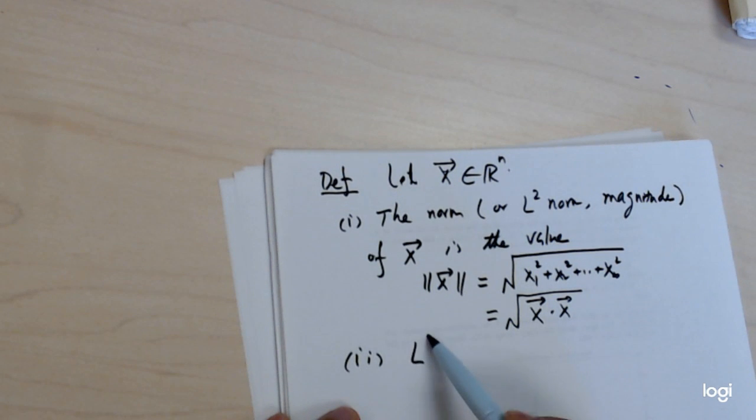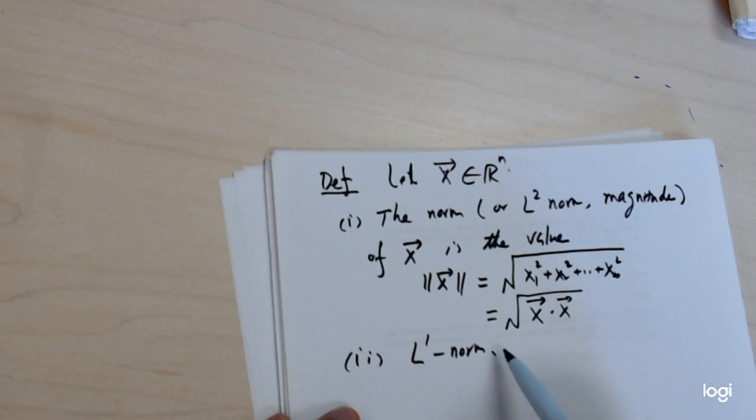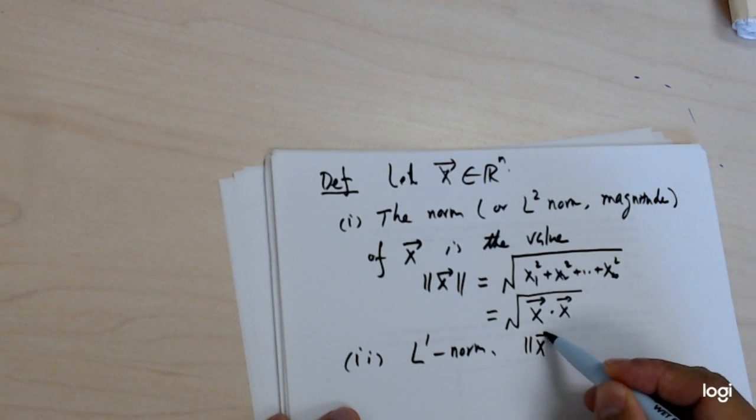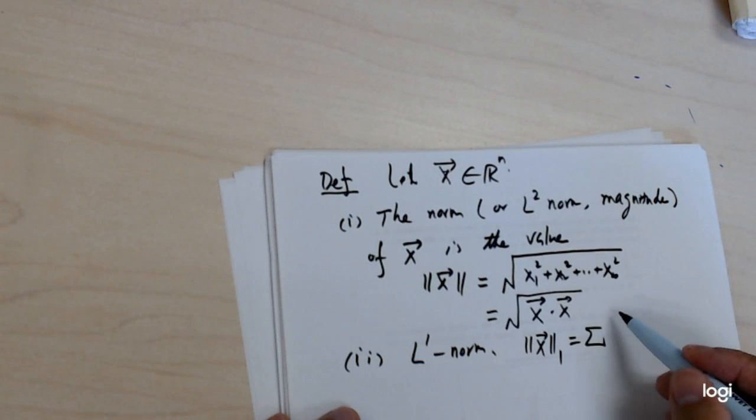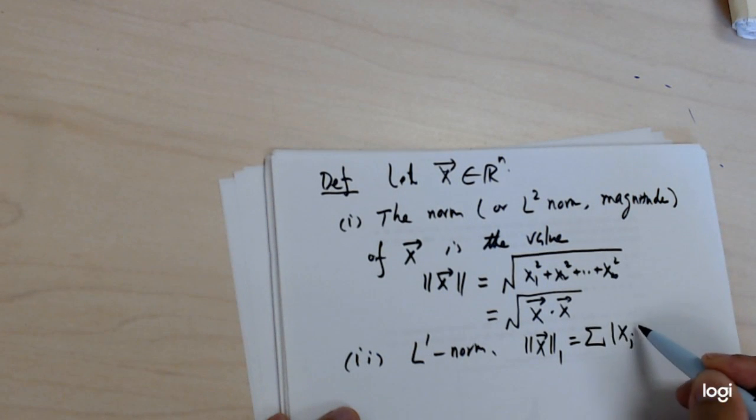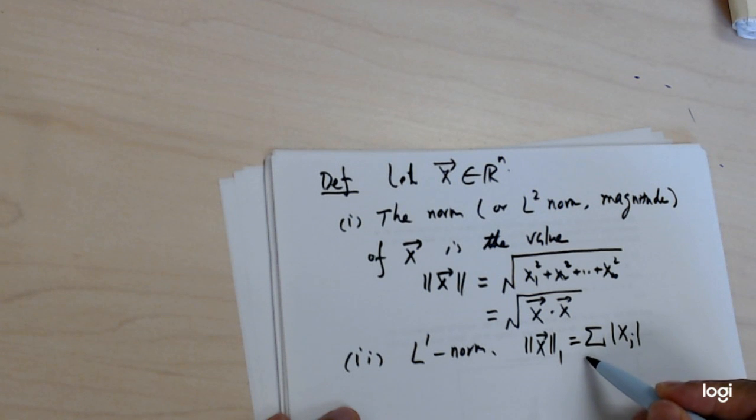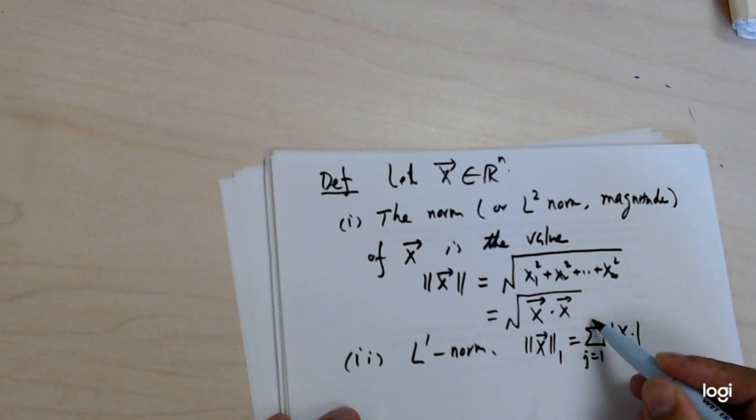And then we have the so-called L1 norm. The L1 norm is essentially the sum of the absolute values of each component, where j goes from 1 to n.